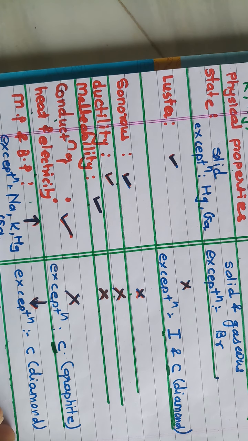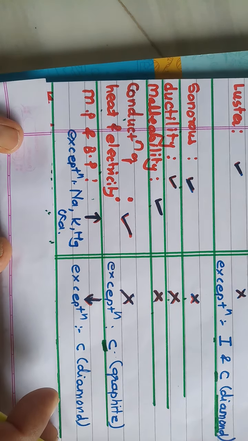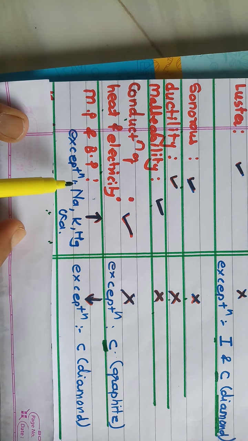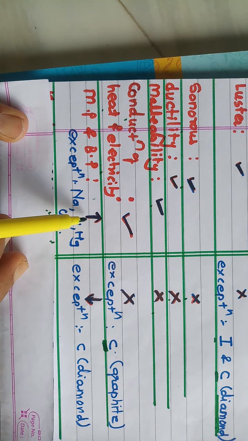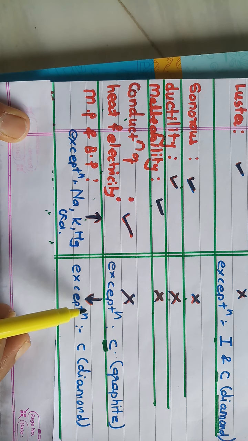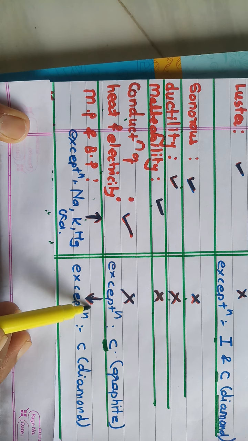And the next one is melting point and boiling point. Because all metals are found in a solid state, they have high melting and boiling points, whereas non-metals have low melting and boiling points.